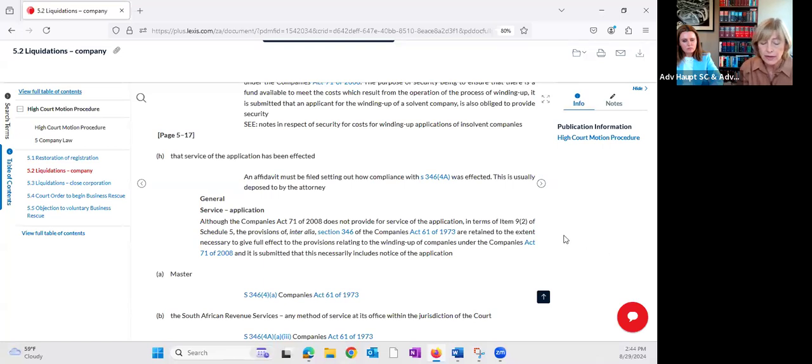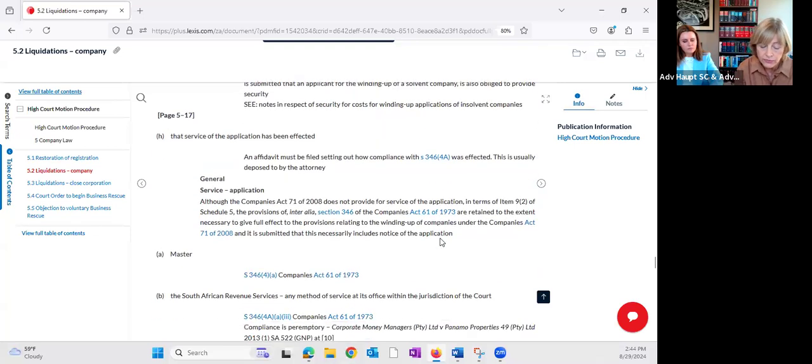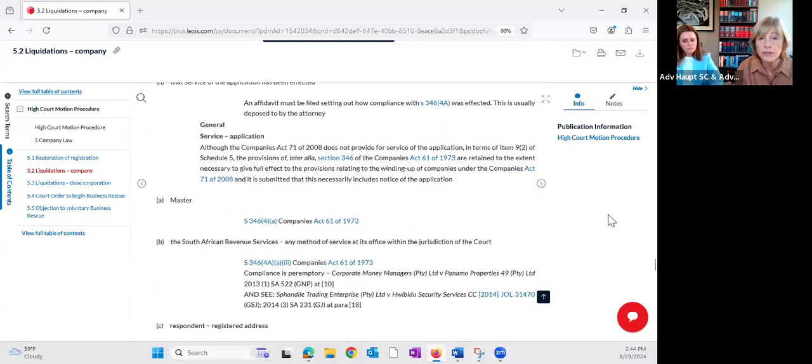And if you are giving them notice, it's practice to address the notice of motion to those parties who will be receiving notice. The receiver of revenue and the master, who will probably receive notice by hand delivery, can then indicate the receipt of the notice of motion on the original itself.